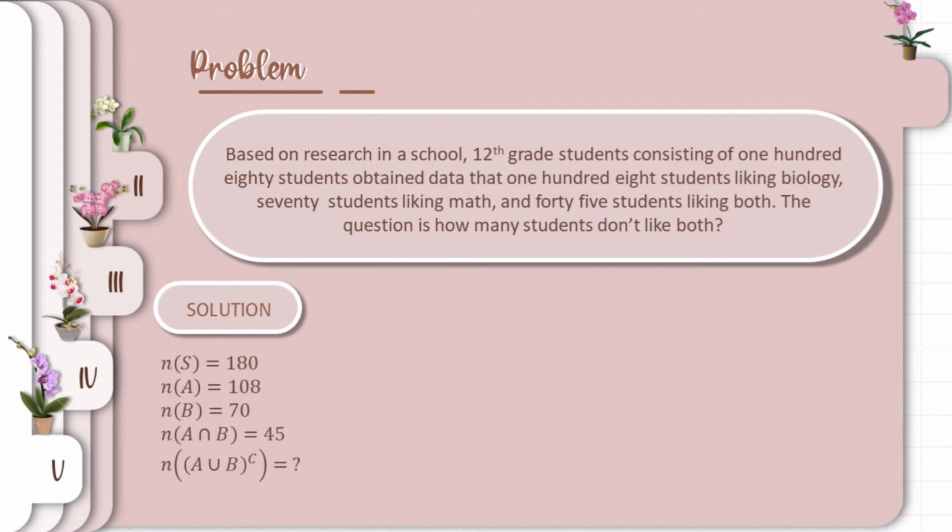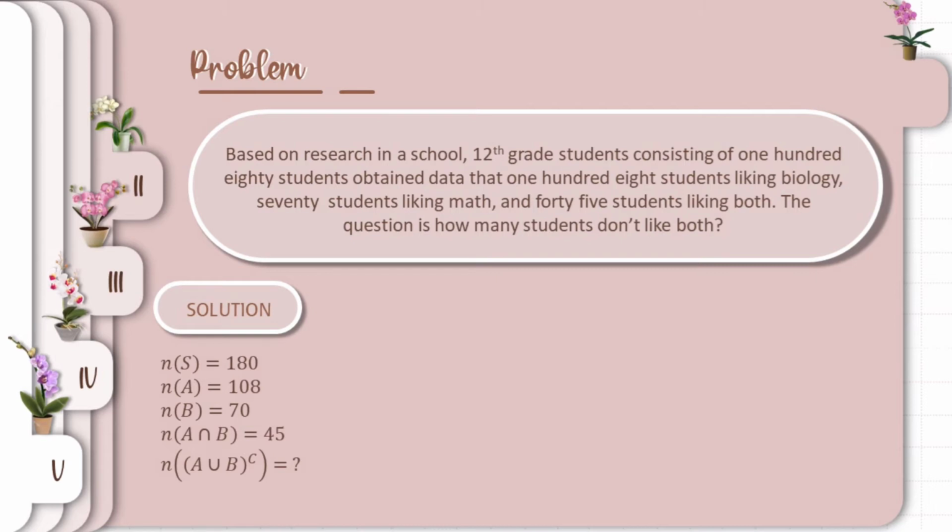Here it's known that the number of students in grade 12 is 180 students. So, the cardinality of the universal set is 180. Let students who like biology be set A. So, the cardinality of set A is 108 students.